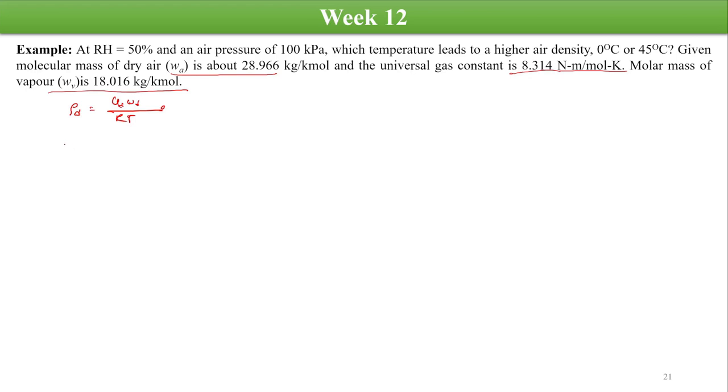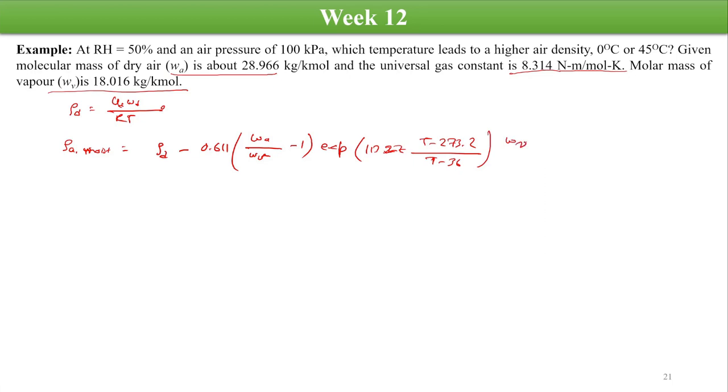But if we want to calculate it at a particular moisture content, then the formula changes to this: dry state minus 0.611, WA upon WV minus 1, exponential of 17.27 (T minus 273.2) upon (T minus 36), multiplied by WV RH upon RT, right?